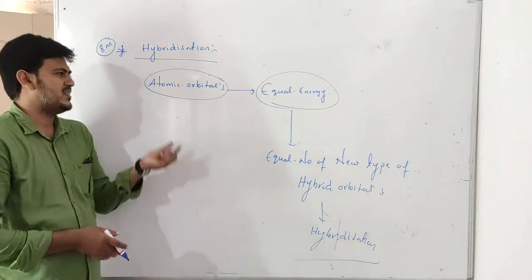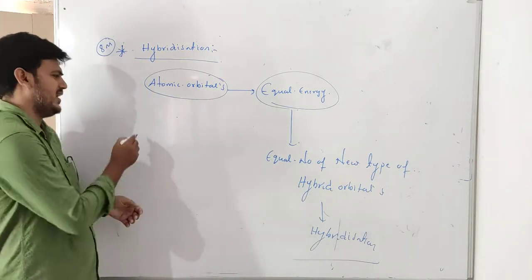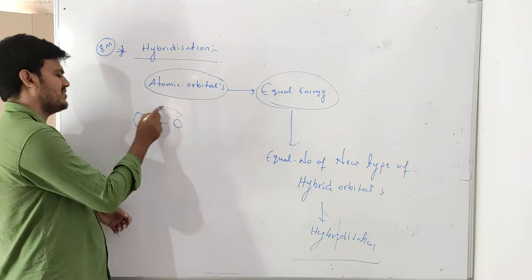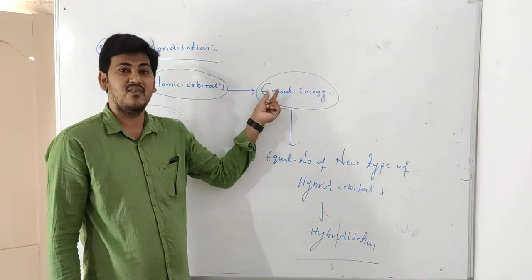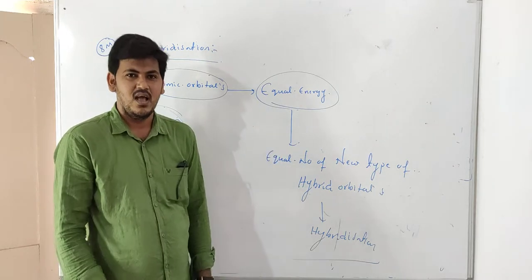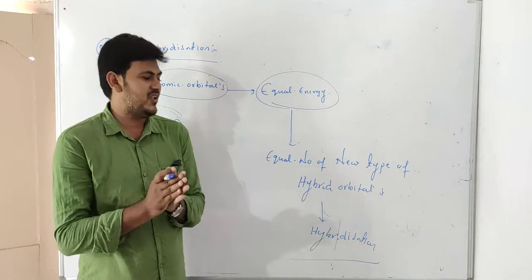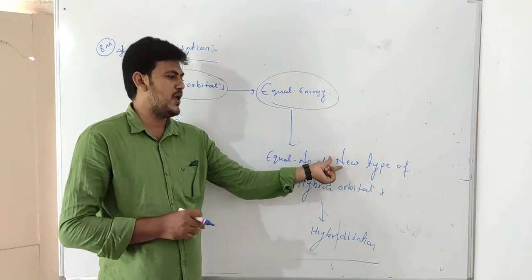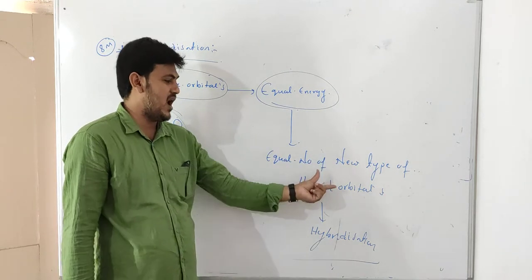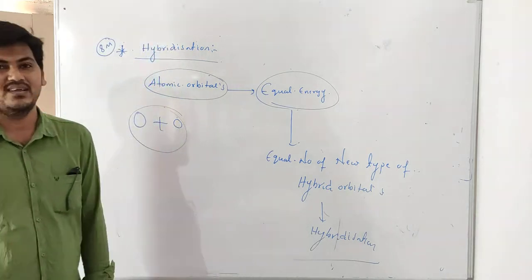Very simple. The intermixing of atomic orbitals of almost equal energy, and their redistribution into an equal number of new type of hybrid orbitals is called hybridization.